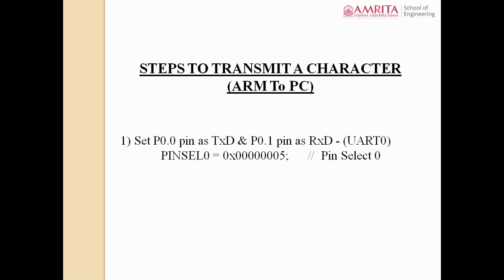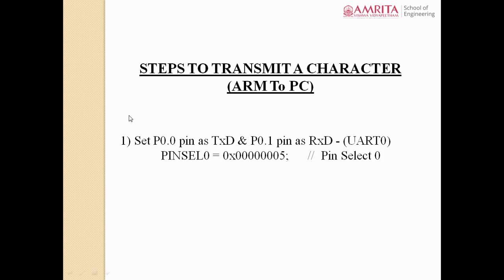I told you that whatever peripheral you are going to configure, the first and foremost step is that you need to configure the functionality of that particular pin as your required pin. By default P0.0 and P0.1 will be GPIO pins, but now you are going to configure a peripheral known as UART. So you need to configure the functionality of P0.0 and P0.1 as UART TX and RX.